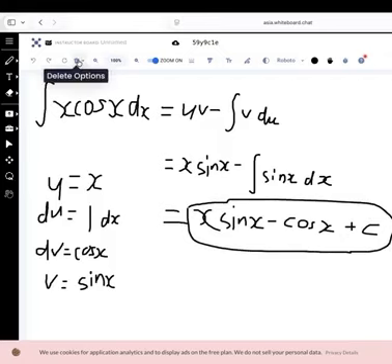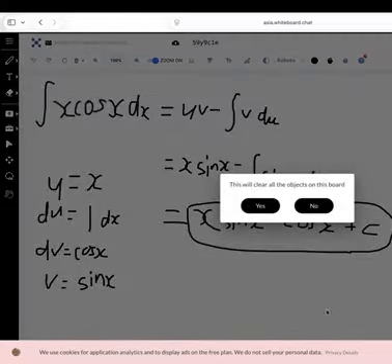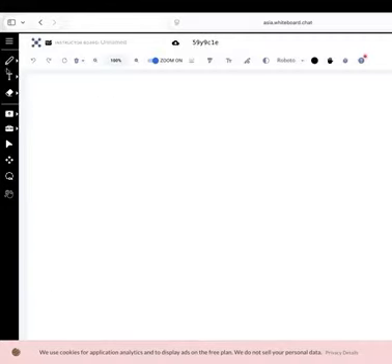Alright, now let's take a look at a special one, shall we? A unique one. Let's find the antiderivative of ln x. Now you may be thinking, there are no two functions, right? There's only ln x. Well, actually, you can treat dx as a function itself.